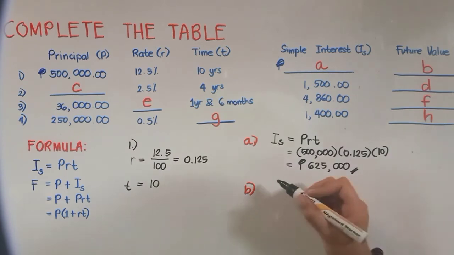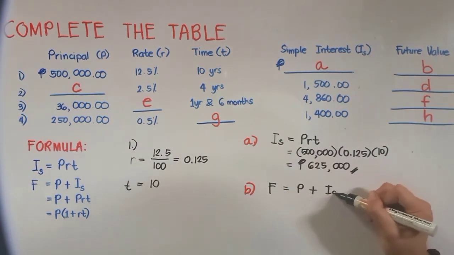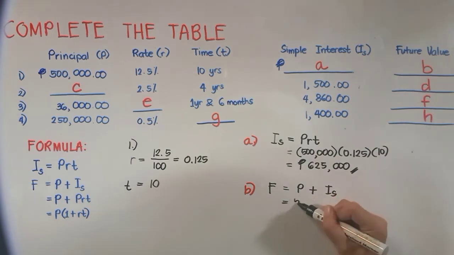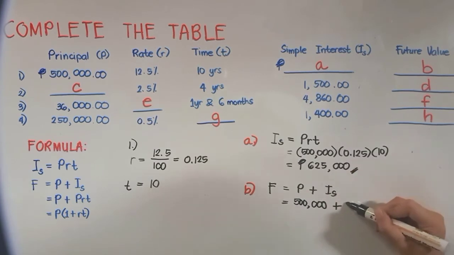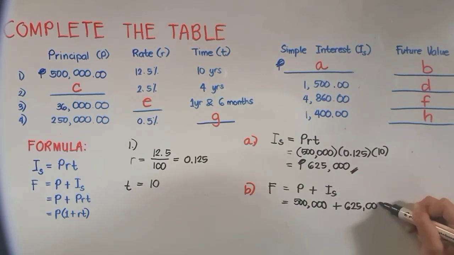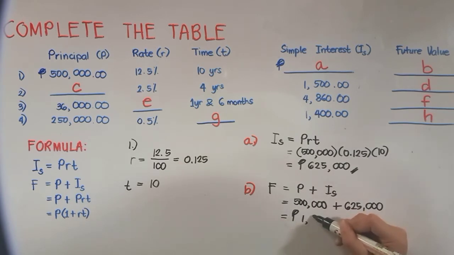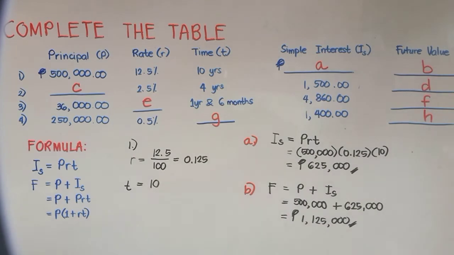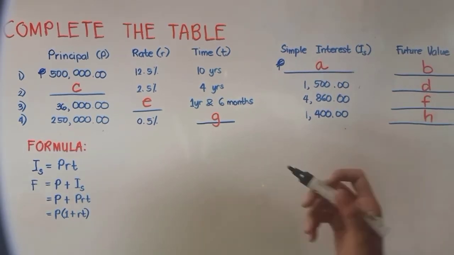F, or future value, is equal to principal plus simple interest. Our principal again is 500,000 and our simple interest is 625,000. This will give us a total of 1,125,000. And this is what our money will be after 10 years at 12.5% rate.